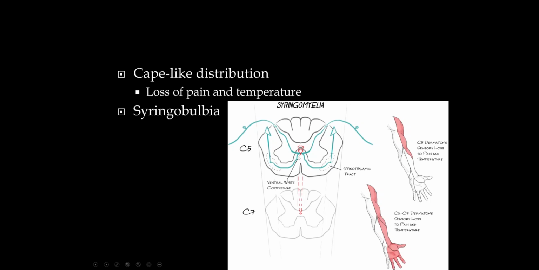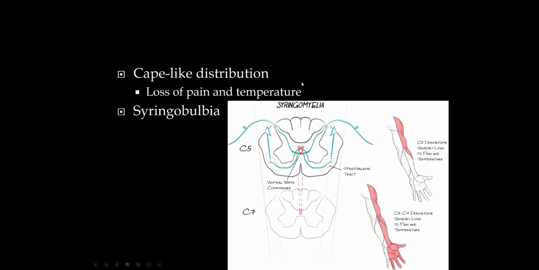Now if it grows down this way, which it frequently would, then as it extends to C5, the numbness would go down to the thumb, loss of pain and temperature. If it goes down to C7, now we'll extend out into the index, long, and ring finger. Okay? And so there's a loss of pain and temperature in this distribution.